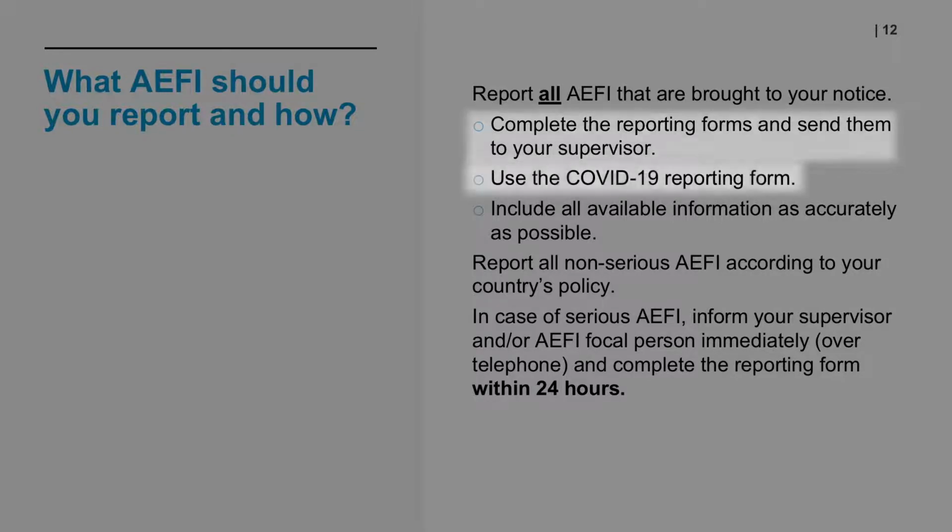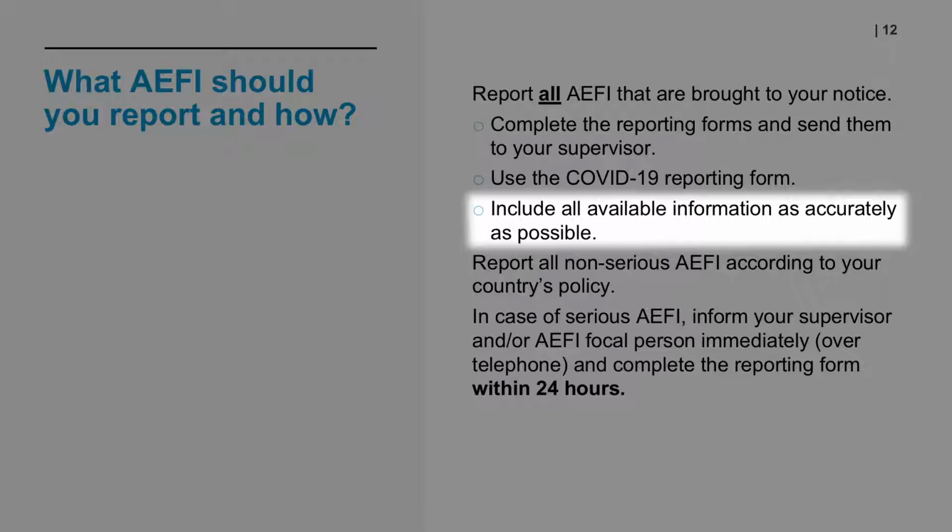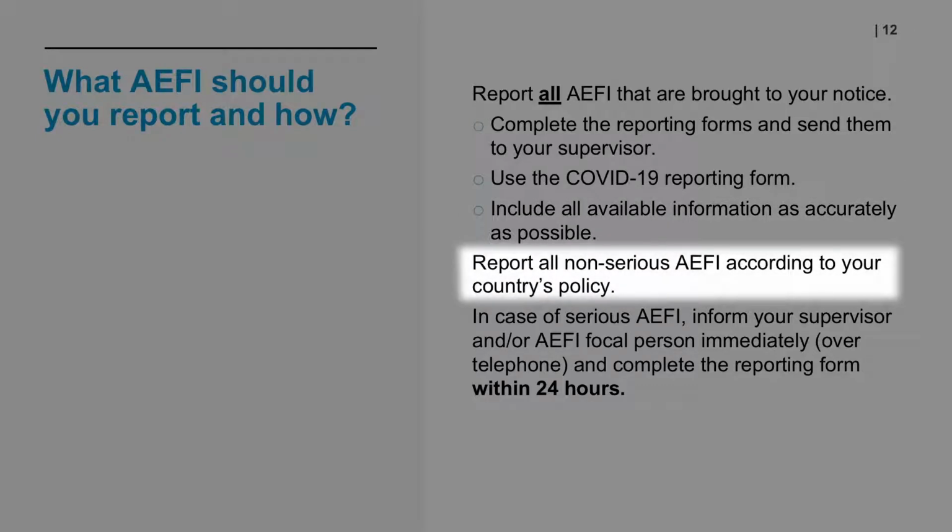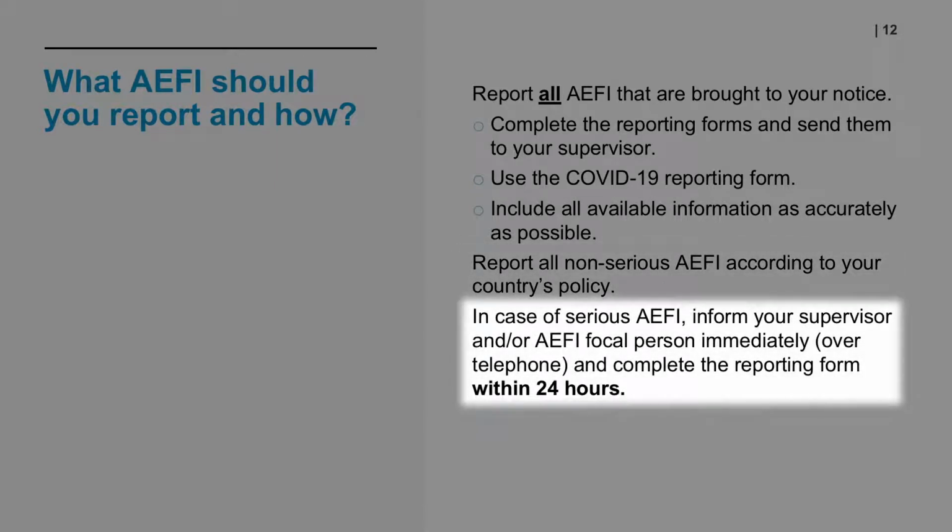It is important to use the COVID-19 AEFI reporting form and make sure that the contents are as accurate as possible. It is also important to remember that you should report non-serious AEFI according to the country's policy. In case of serious AEFI, inform your supervisor and the AEFI focal person immediately and make sure that the report is transmitted to them within the next 24 hours.